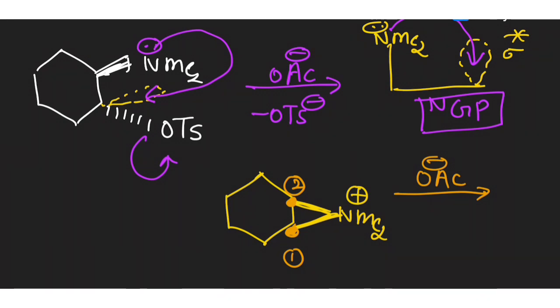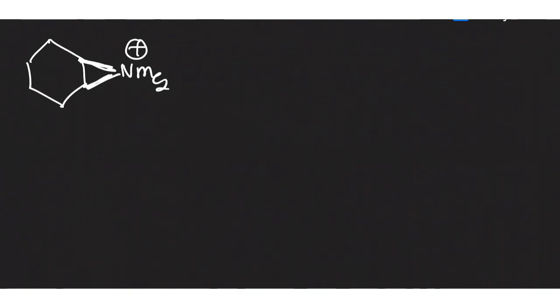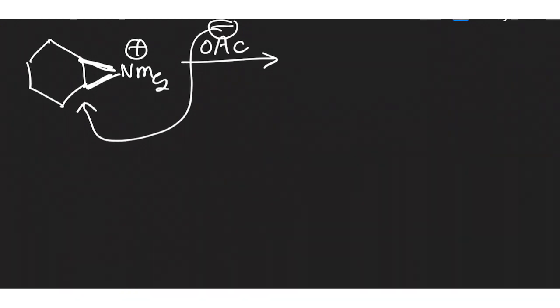Now if I get the attack done at position number 1, we get NMe2 positive, with the attack taking place at position number 1. The attack will always take place from below the plane because the ring is above the plane.